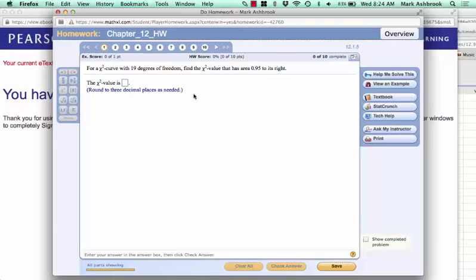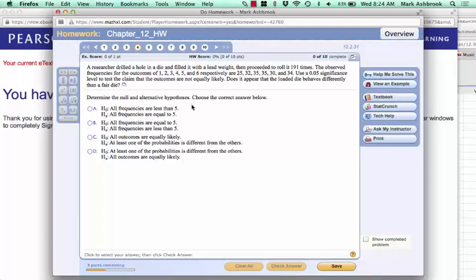All right, so let's find one here. Let's try number 4, see what that does. Okay, so here, this is your number 4. It says, a researcher drilled a hole in a die, filled it with a lead weight, proceeded to roll it 191 times. Okay, observed frequencies are 1, 2, 3, 4, 5, and so on, 5% significance level.